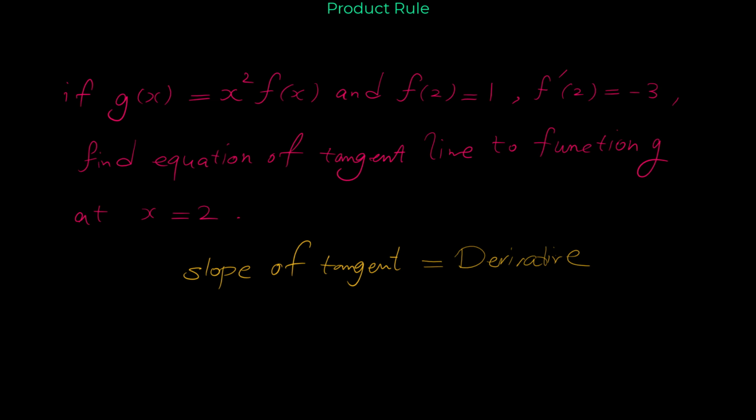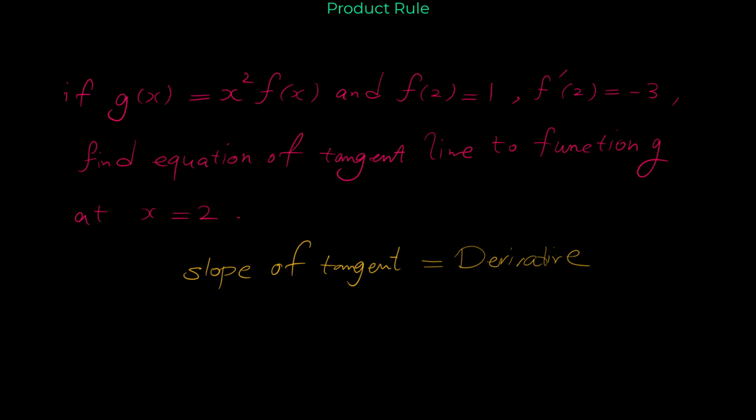So for finding the equation of any line you need a slope, and for finding the slope of the tangent line you have to find the derivative of the given function.